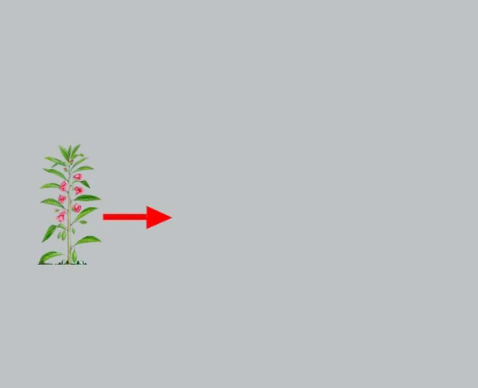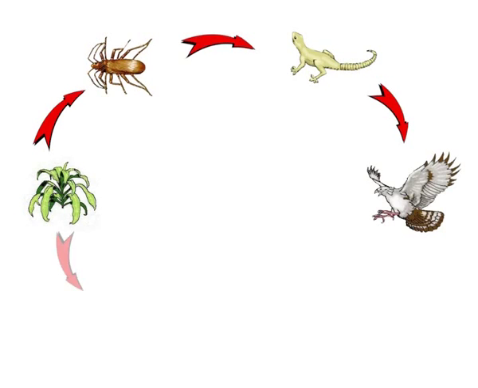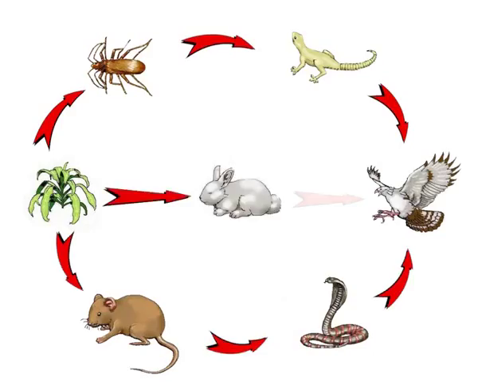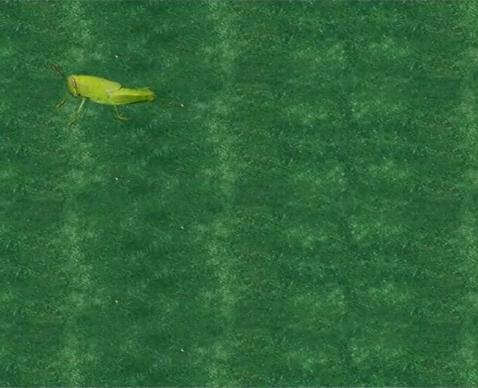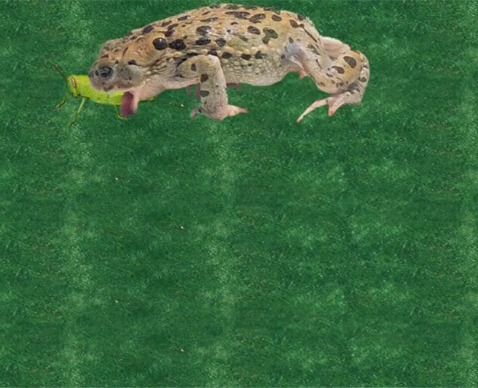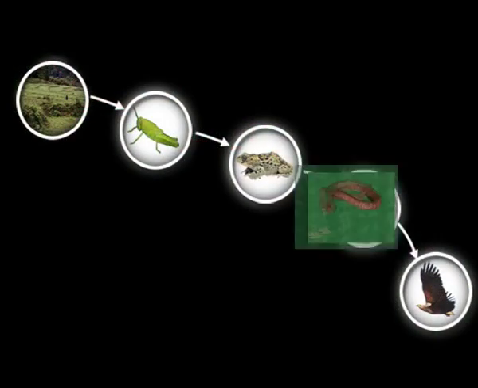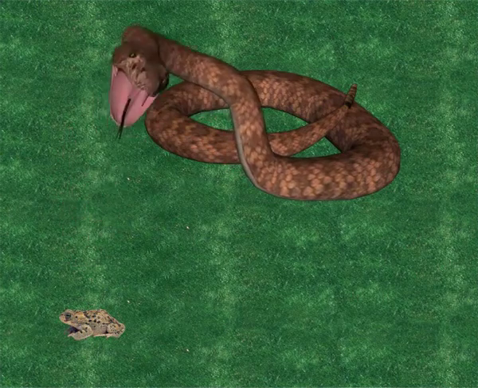As we know, energy flows in a particular direction through simple food chains to complex food webs. At each level of the food chain, about 90% of the energy is lost in the form of heat.